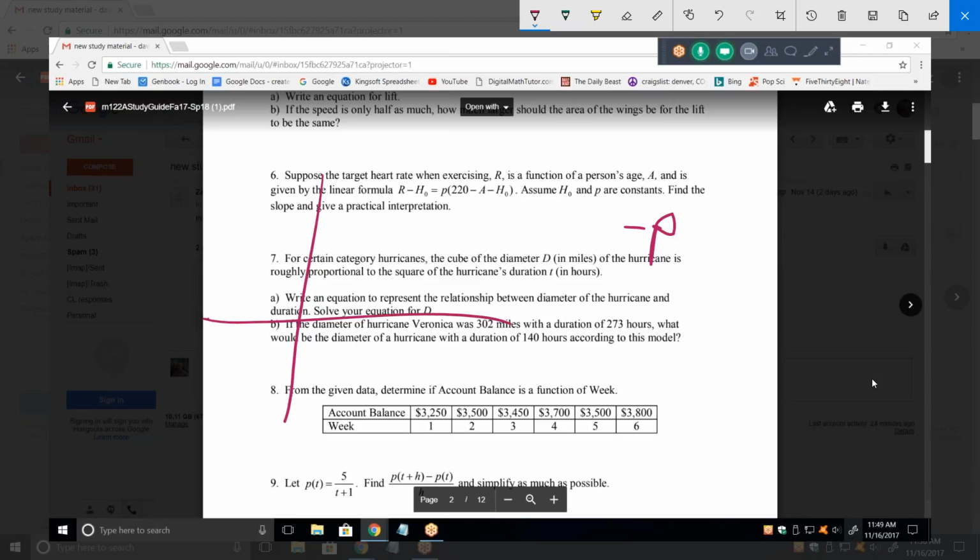Sometimes it helps to draw a graph. This is the target heart rate as a function of age. Therefore, this is age. And they're saying the slope is minus p. So the target heart rate declines as you get older.